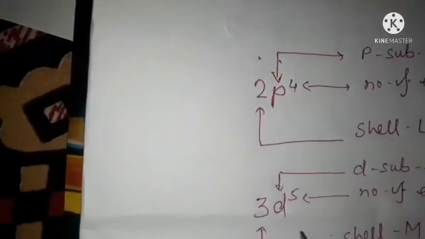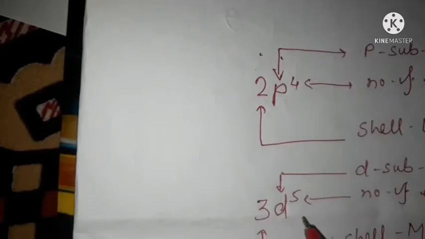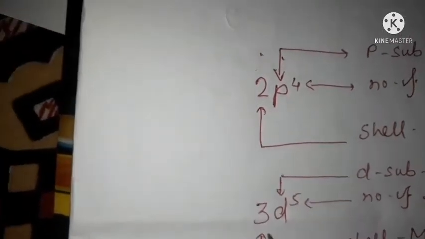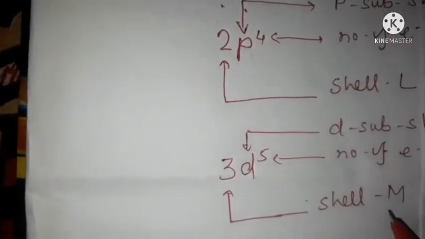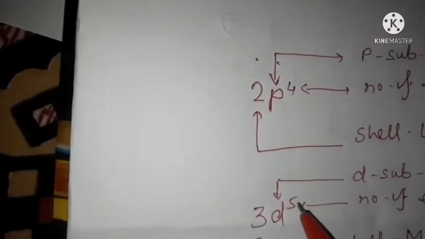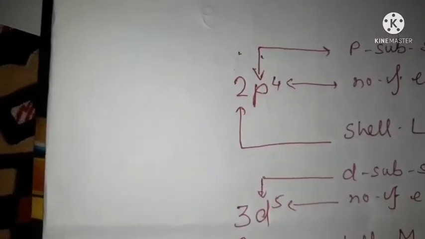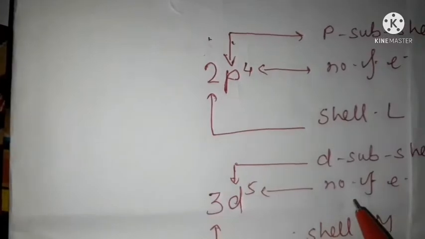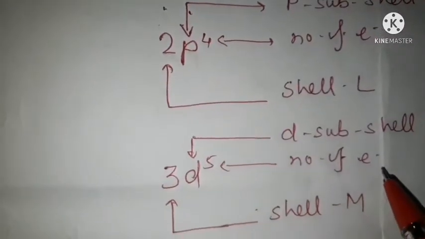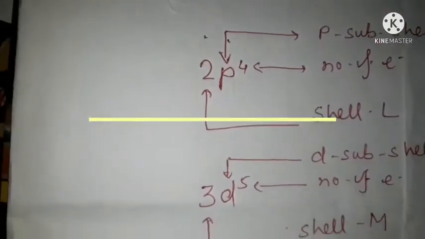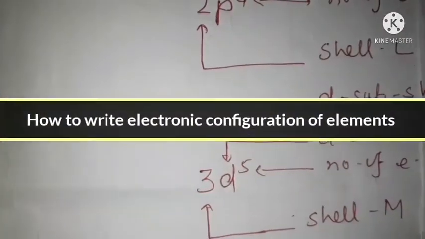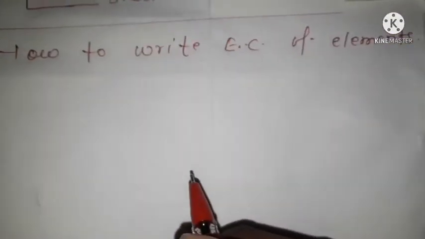Last one, 3d5: in this, 3 represents cell M, D represents the D subcell, and 5 represents the number of electrons that exist in this.